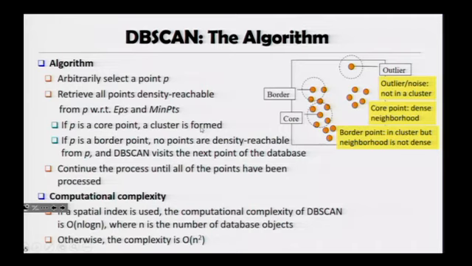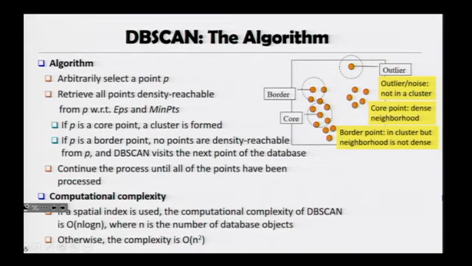This slide gives you an overview of how the DBSCAN algorithm works. At the very first step, you choose a data point at random, and then retrieve all the points that are density reachable from that selected point P, given the epsilon and the minimum points provided by the user.